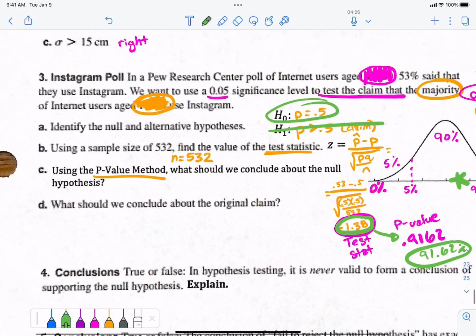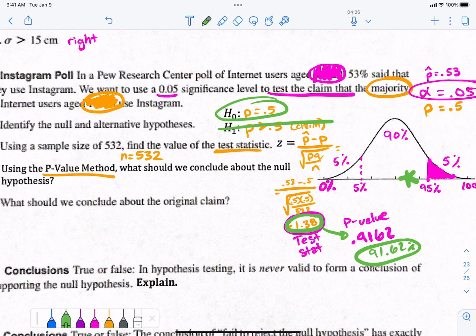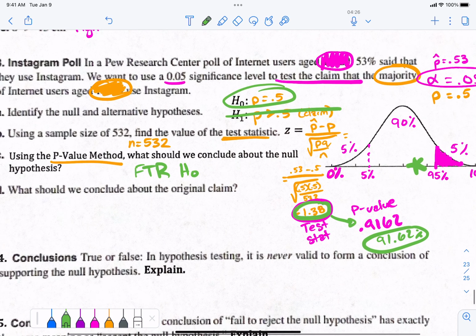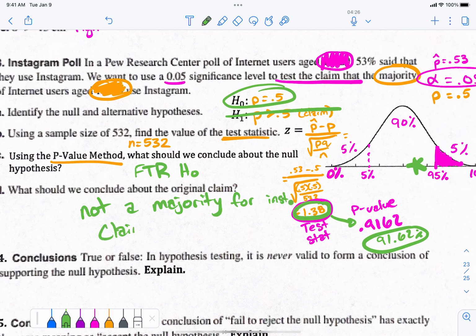So what should we do about the null and alternative hypothesis? We should fail to reject. I'm just going to write FTR, H naught. What should we conclude about the original claim? Not a majority for Instagram, or the claim is false.